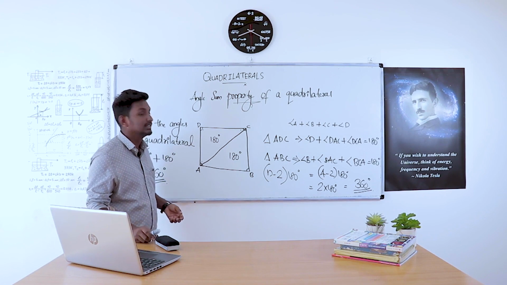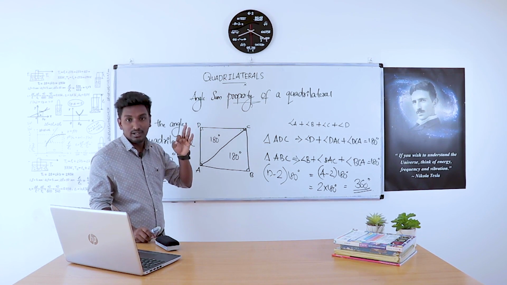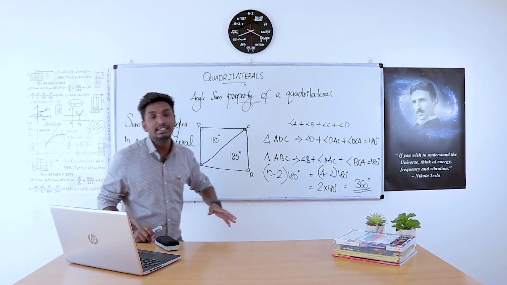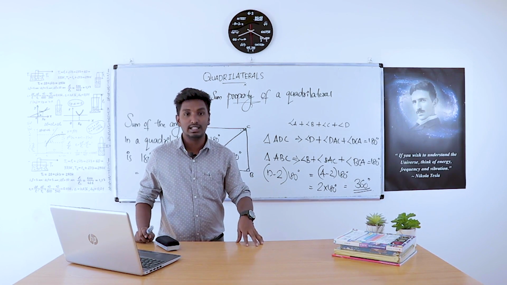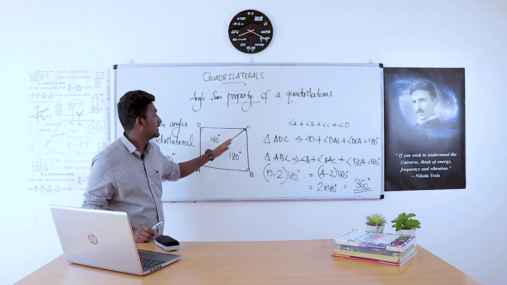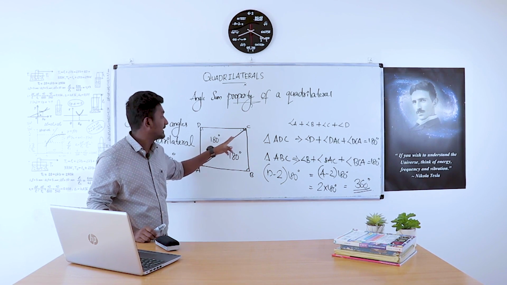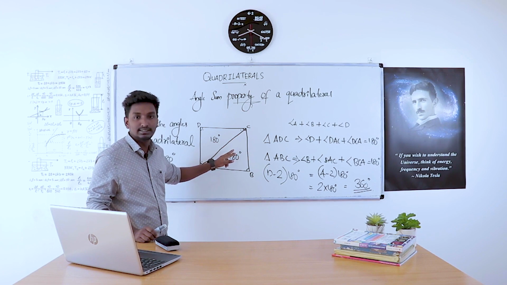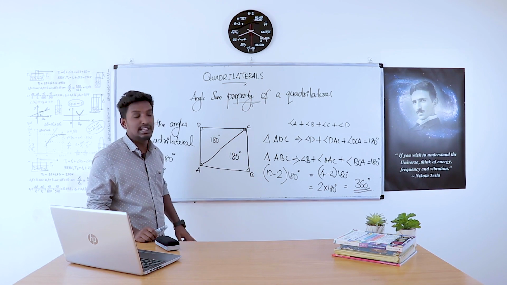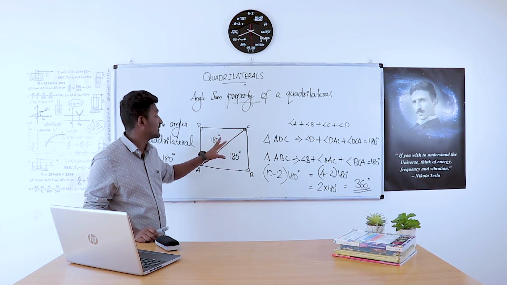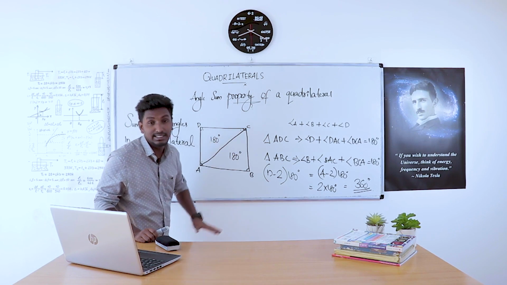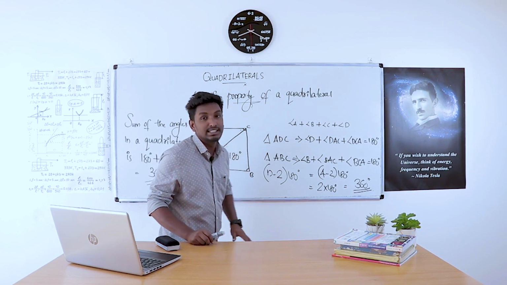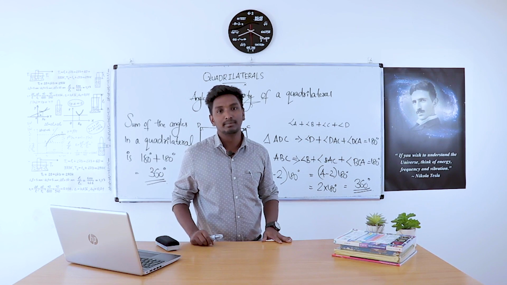in both methods. So when we are given a quadrilateral and finding the total angles in it, we can use either the first method, that is drawing a diagonal and splitting it into two triangles. The sum of the angles in a triangle is 180 degrees, therefore the sum of the angles in both triangles is 180 plus 180, that is 360 degrees.